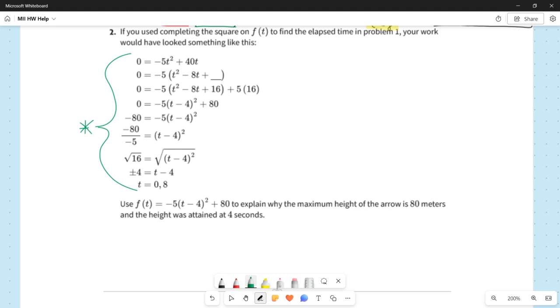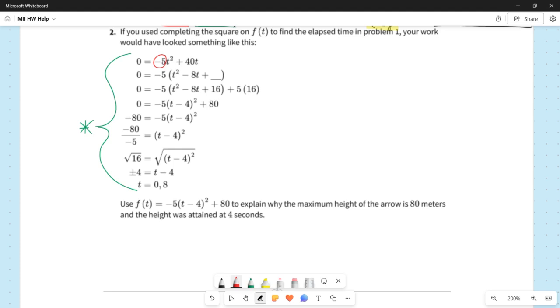So we start with the same initial equation that we had with number 1. So 0 equals negative 5t squared plus 40t. Now, the first thing we have to deal with is this negative 5. Because when you complete the square, you need the coefficient on the squared term to be 1.